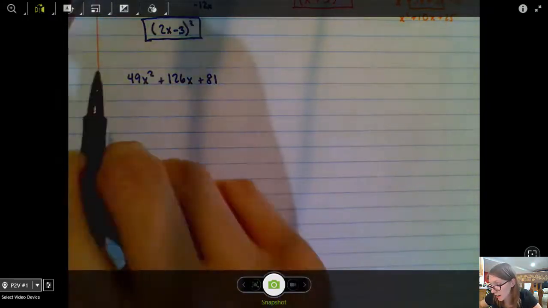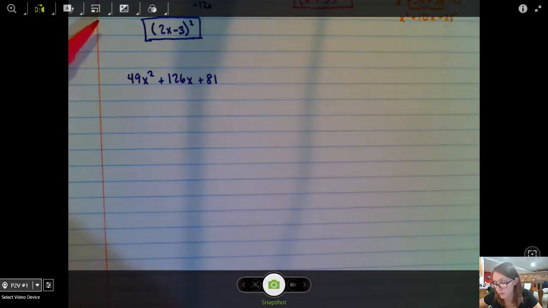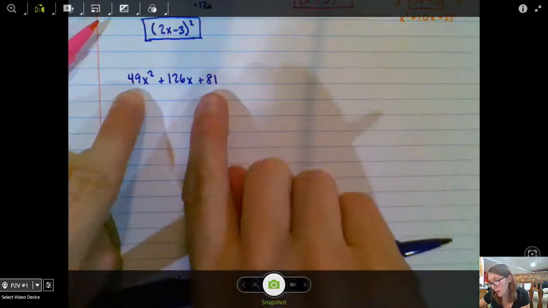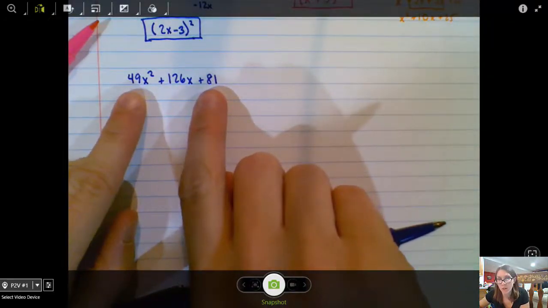There isn't any number that I can divide 49, 126, and 81 all by. If I think about factoring by grouping, I could multiply 49 times 81, get a really big number, and figure out where to go from there.